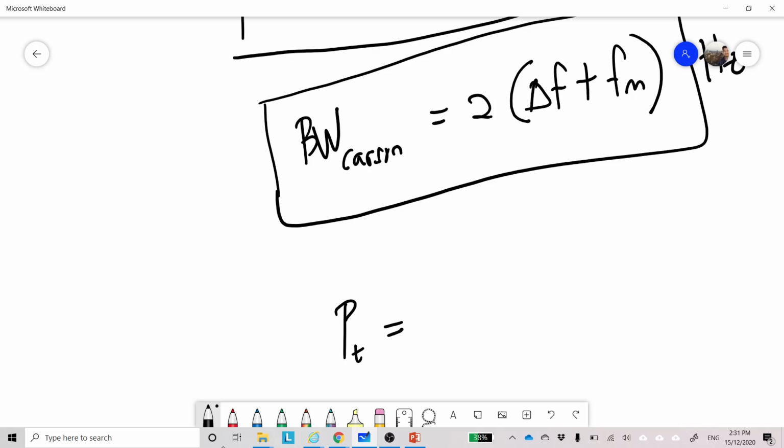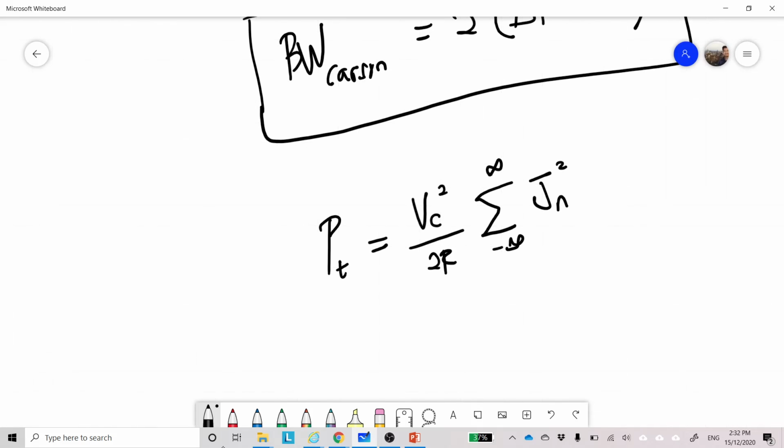P total is equal to Vc square over 2R summation of from minus infinity to infinity of Jn square. Okay, so this akhirnya akan menghasilkan Vc square over 2R, which is equivalent to Pc.